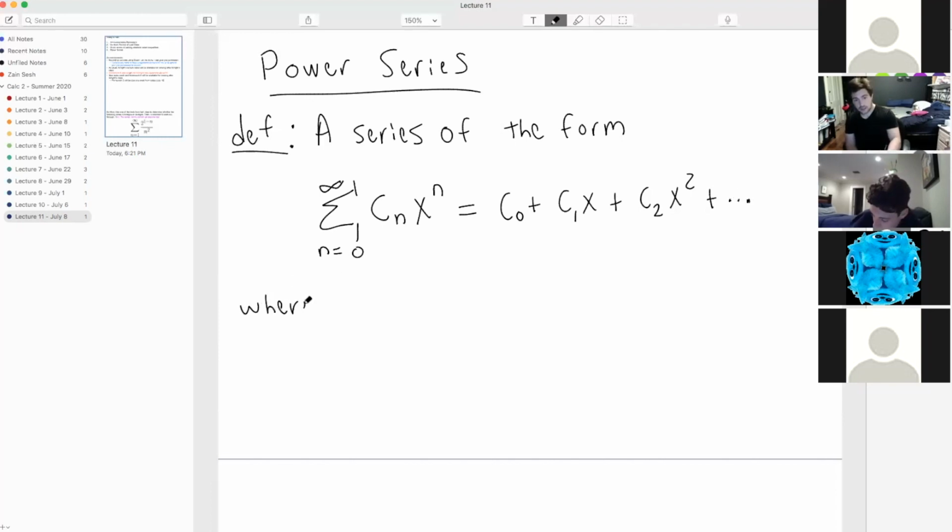where x is a variable. It's just a good old variable, and the c sub n's are just real numbers.